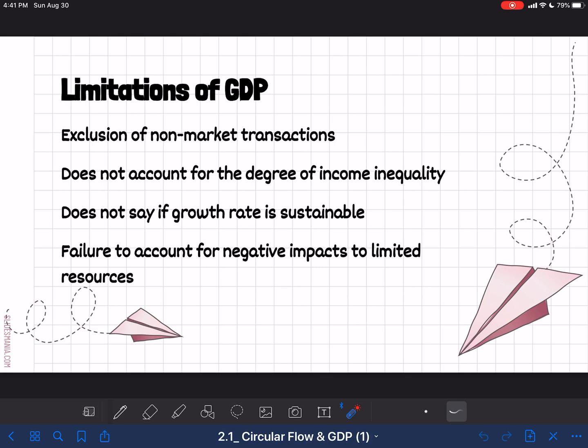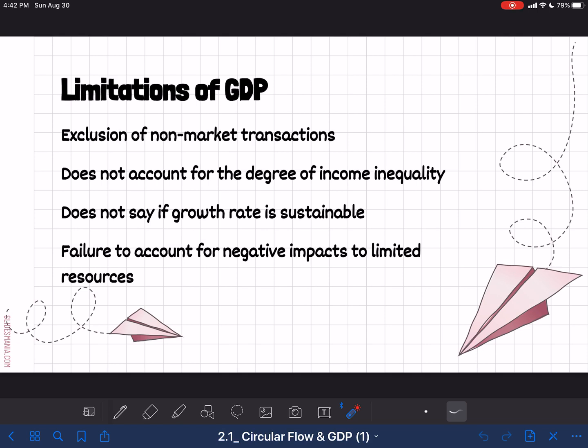It also does not tell us if our growth rate is sustainable. So again, if we're just comparing our nominal gross domestic product numbers year after year, that includes inflation. And so we don't know if our growth is actually true growth, like we're actually making more products, or if inflation is just growing faster.